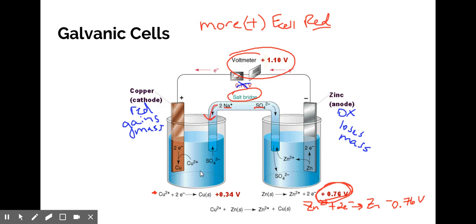The reason why is because I have little copper ions jumping onto this electrode to gain more mass, so I'm getting rid of these little charges. So this solution overall becomes more negative. In order to balance that out, I have to put some positives in here to balance out these negatives. So that's why your cations are always going to go to your cathode.